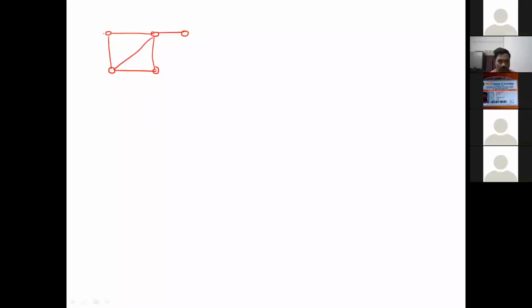The two important points that we specify. Now here, what is the degree of A?